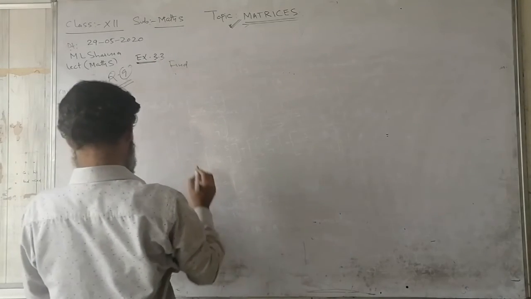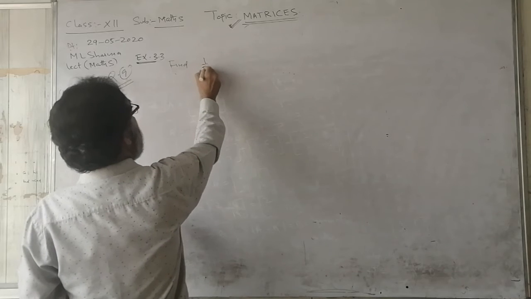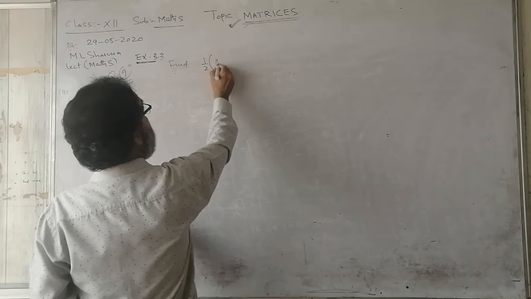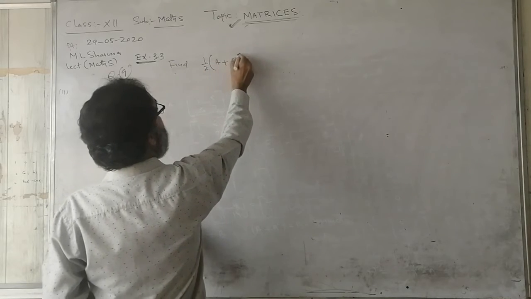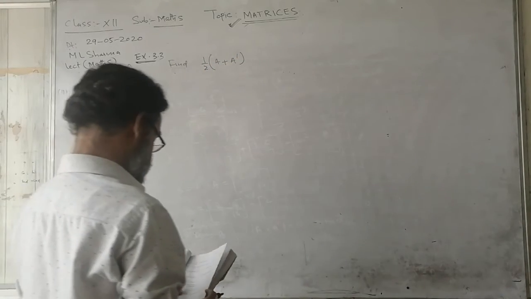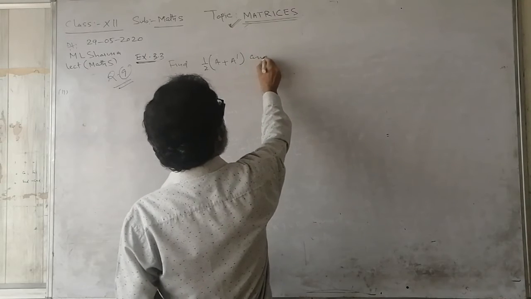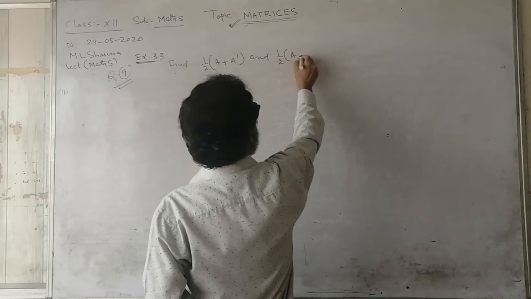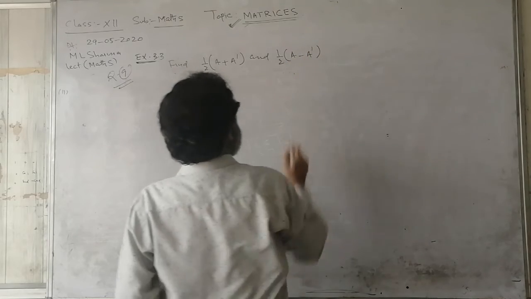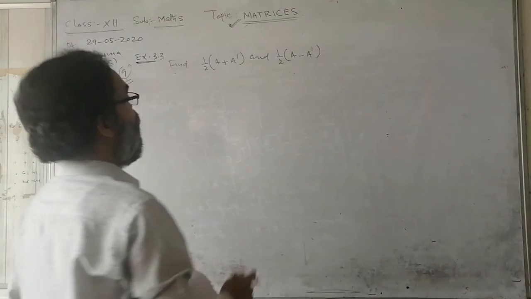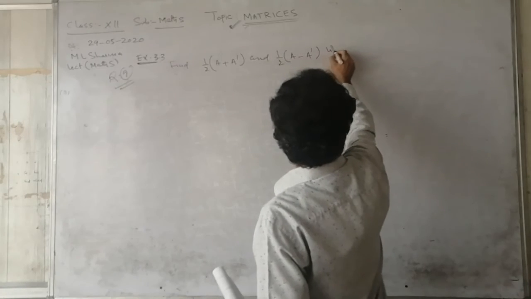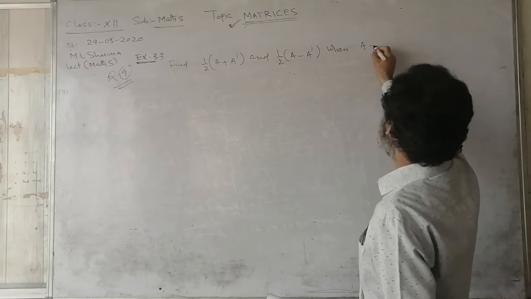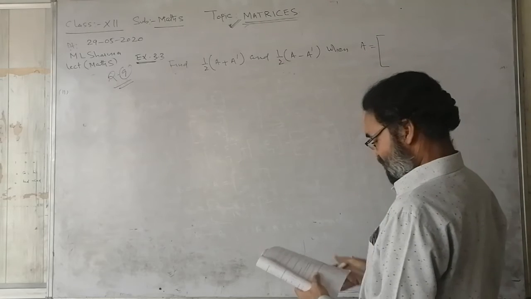Find half of A plus A transpose and half of A minus A transpose when A matrix is a 3 by 3 matrix.